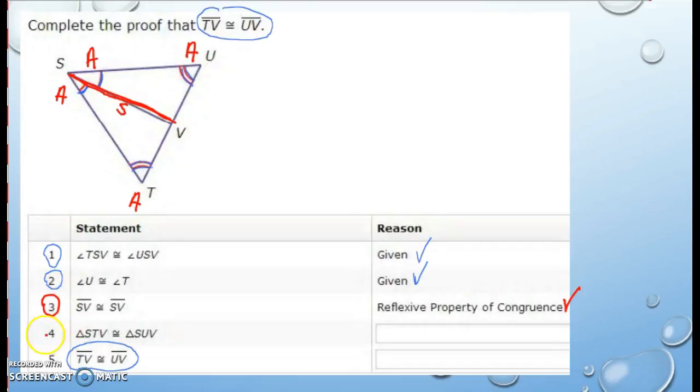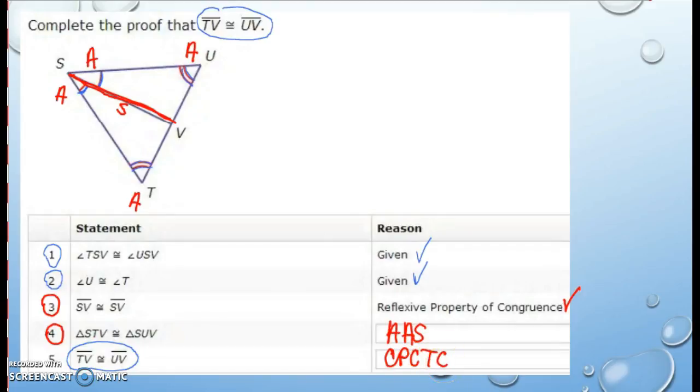So the method we showed triangle STV congruent to SUV was angle, angle, side. And then last of all, TV is congruent to UV. I've already shown the triangles are congruent, so therefore all remaining pairs of corresponding parts are congruent, segment TV and UV, by CPCTC.